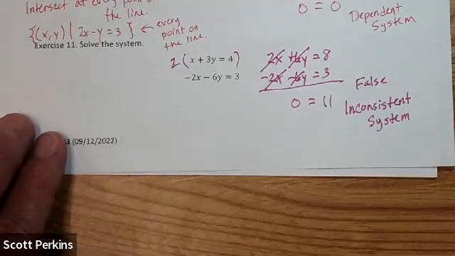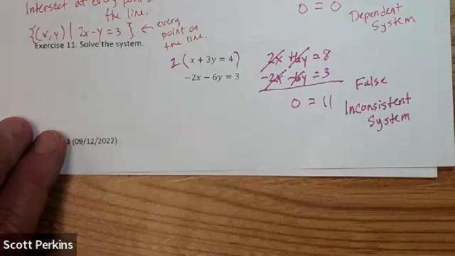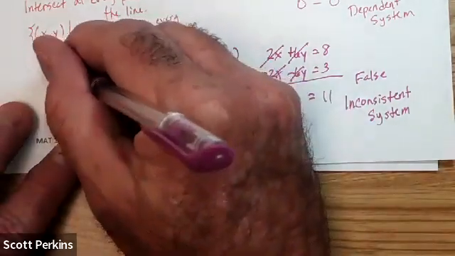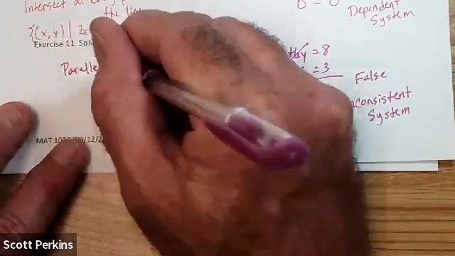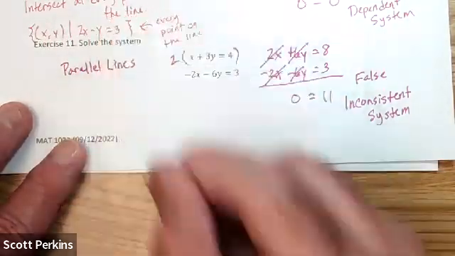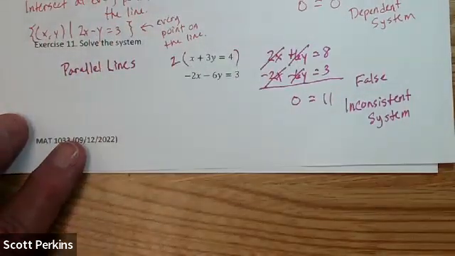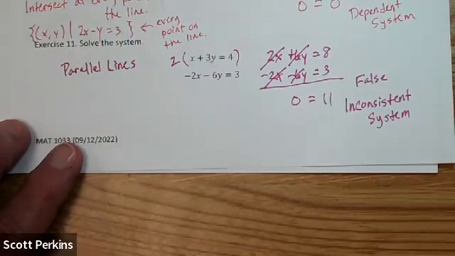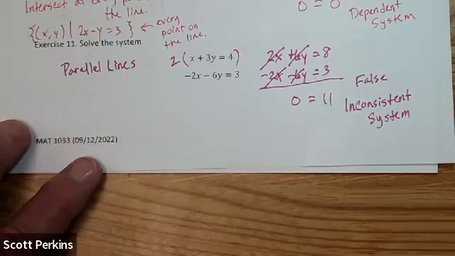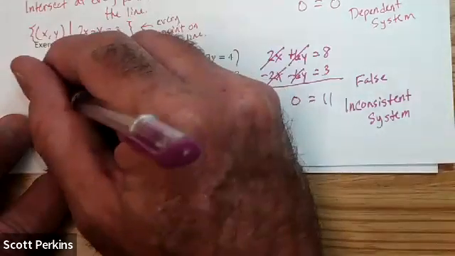And I know the word inconsistent doesn't do much for you. So again, if I think about what is going on in my Cartesian plane, instead of having the same line, what I have here is parallel lines. And I don't know if you're familiar with the term parallel. If you're not, parallel lines never intersect.